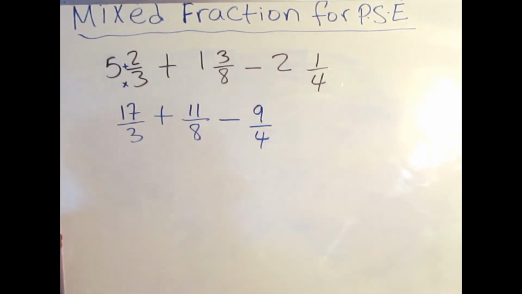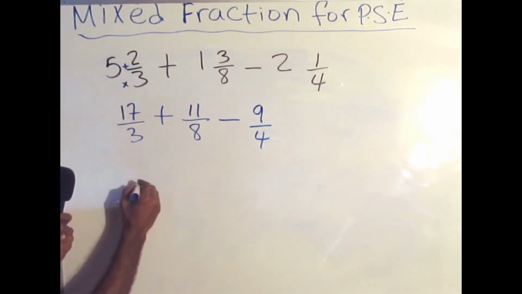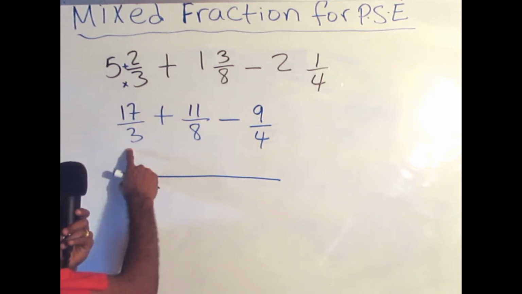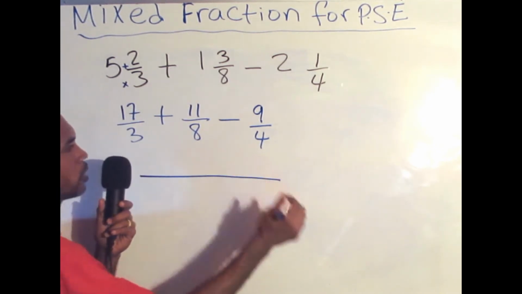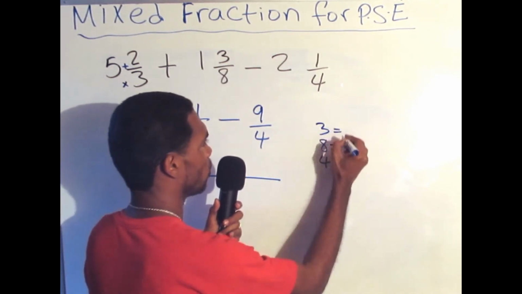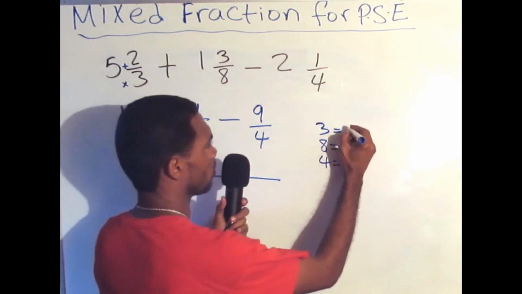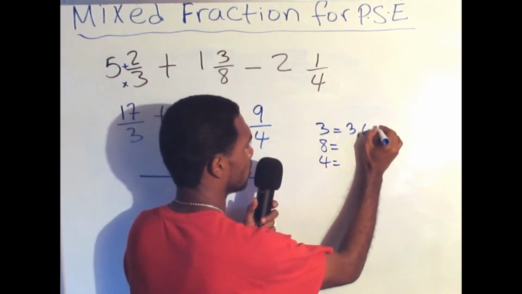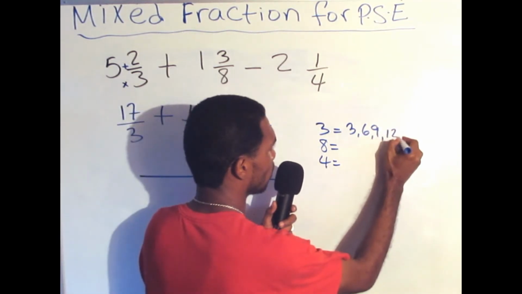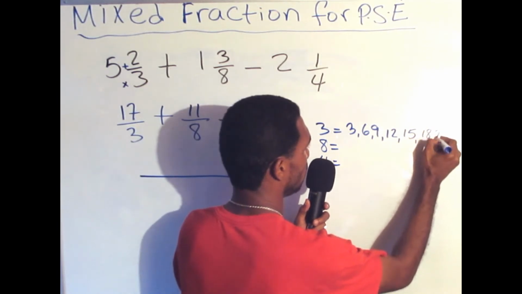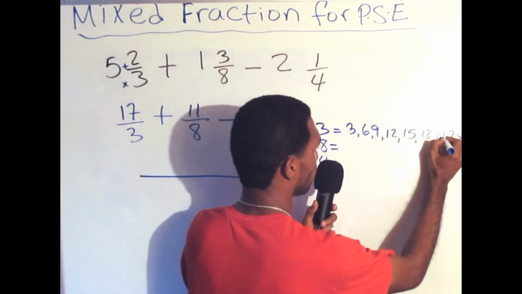Since we're dealing with addition and subtraction, I will find the LCM of all three denominators: 3, 8, and 4. The LCM is our least common multiple. I'll go by multiples of 3 first: 3, 6, 9, 12, 15, 18, 21, 24.